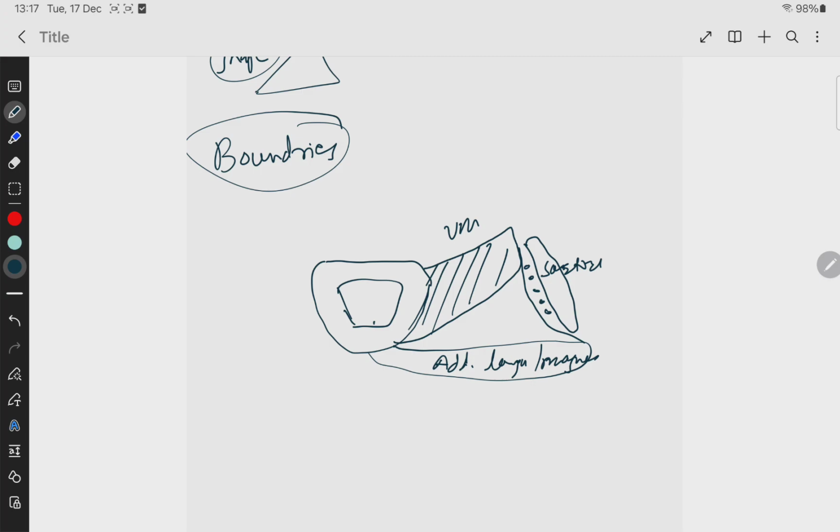So this triangular space is known as the adductor canal.